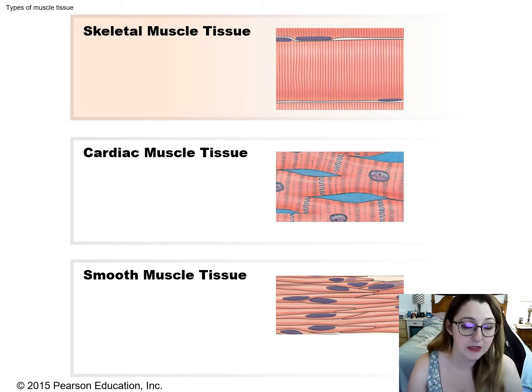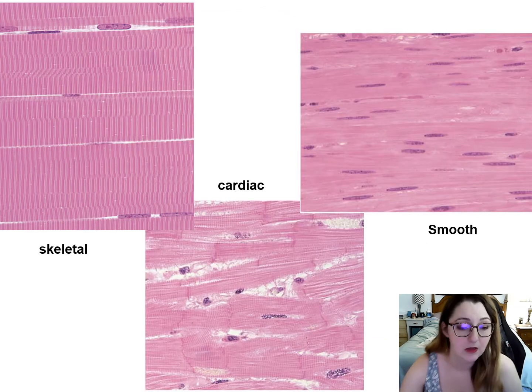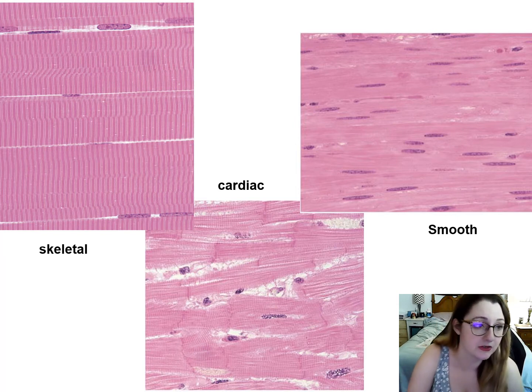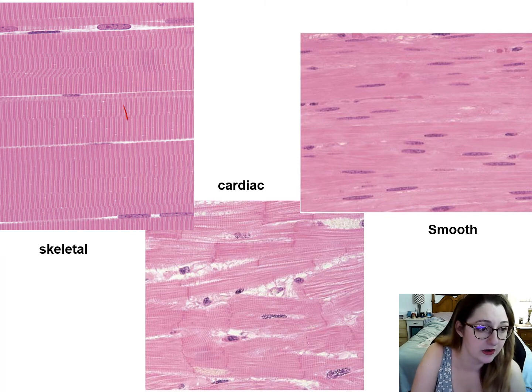And here are some nice graphics showing the three types of muscle tissue. And then these are nice slides showing the three types of muscle tissue, but from an actual slide. And you can see where the skeletal muscle tissue are nice and striated, so our nice lines.